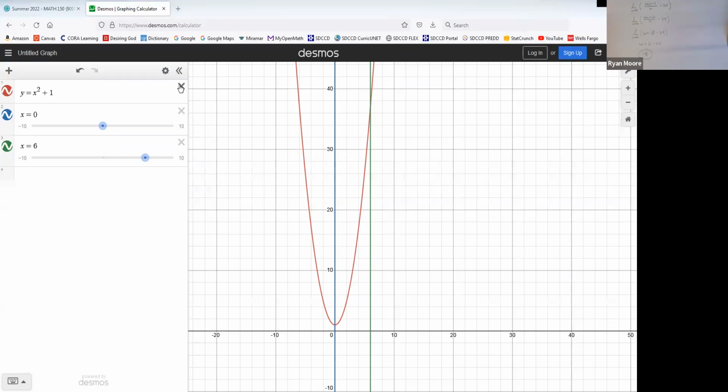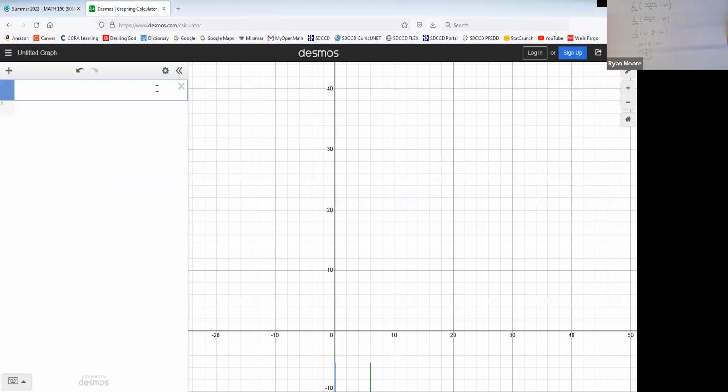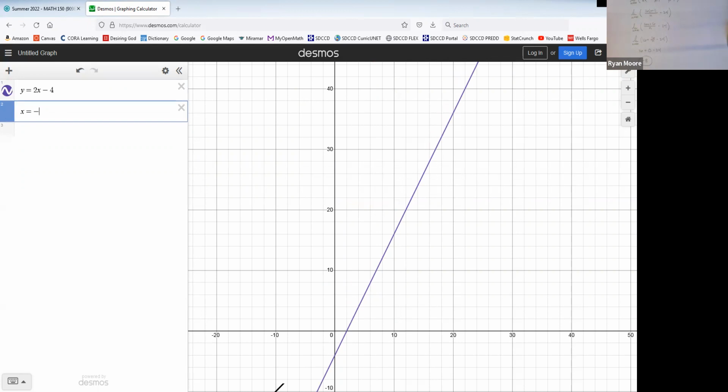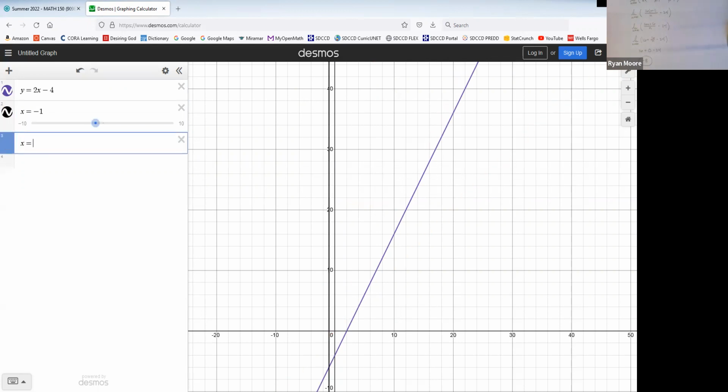Let's take a look at the graph. This was y equals 2x minus 4, from x equals -1 to x equals 3.